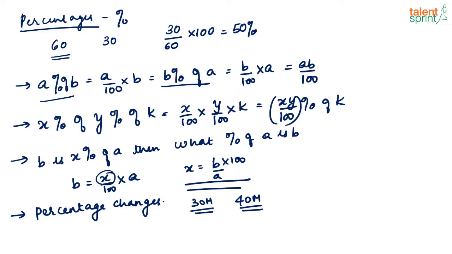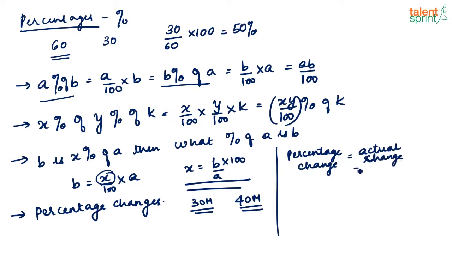The percentage change of any quantity is given by this formula. Remember this formula, it will be very useful in a lot of questions and topics, especially in topics like data interpretation. Percentage change is nothing but the actual change divided by the original value into 100.